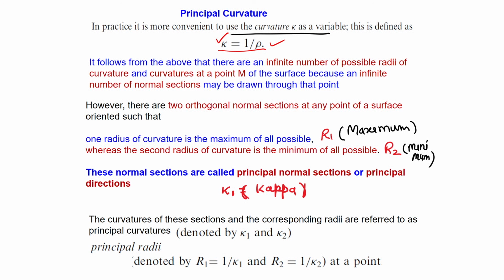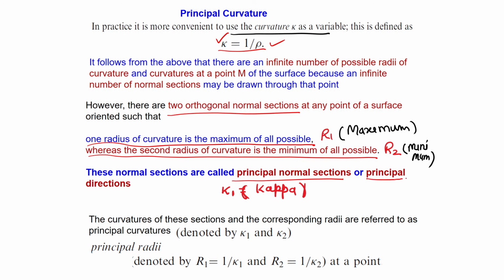There will be 2 orthogonal normal sections, meaning perpendicular at any point of a surface, such that one radius of curvature is the maximum of all possible, whereas the second radius of curvature is the minimum of all possible. So these normal sections are called principal normal sections or principal directions.